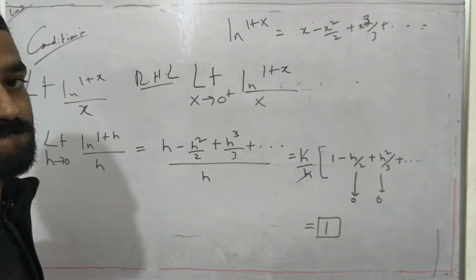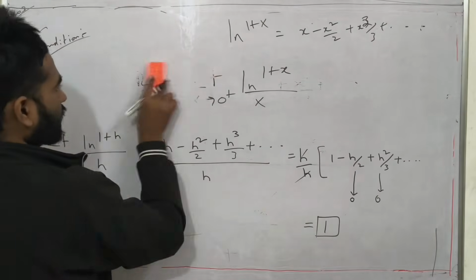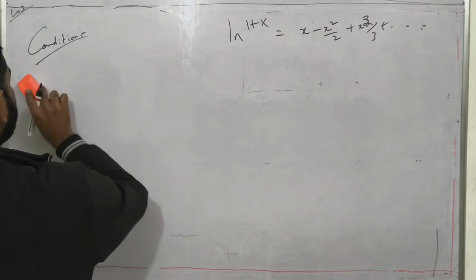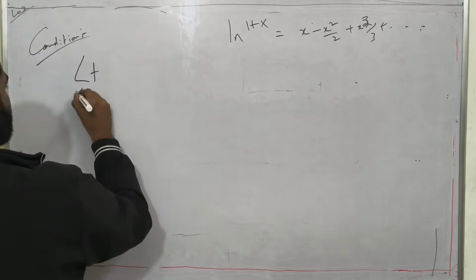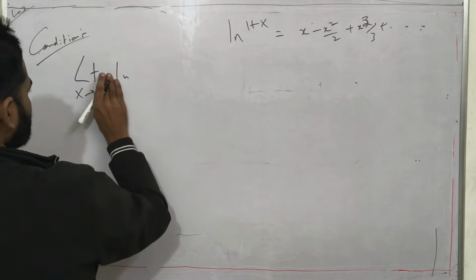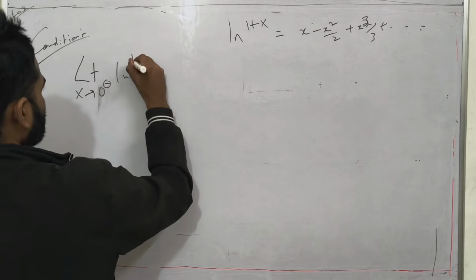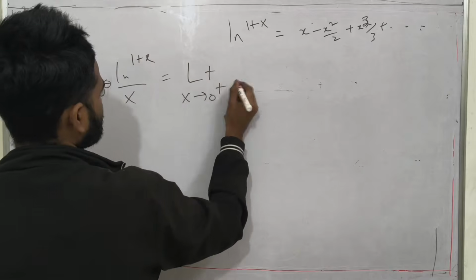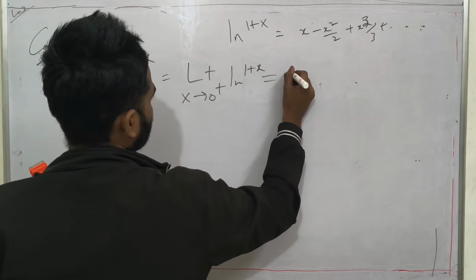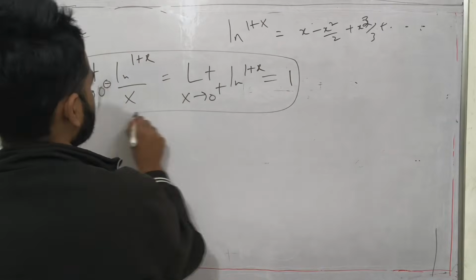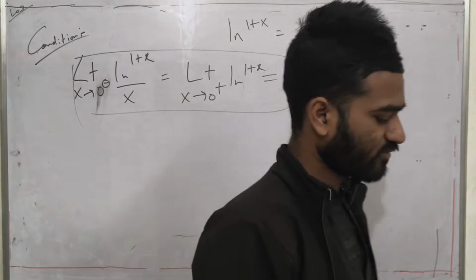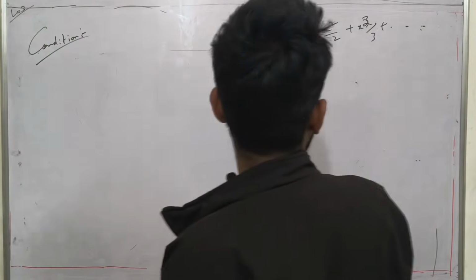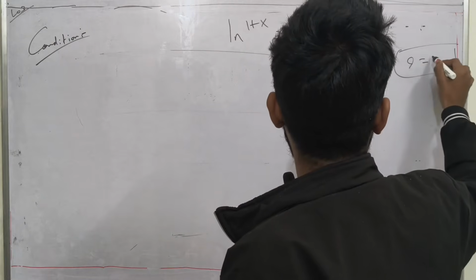Understood? So what we can conclude, children, is that limit x tends to 0 minus of ln of 1 plus x by x equals limit x tends to 0 plus of ln of 1 plus x by x equals 1. Okay, so this is our limiting value, so we can say the limit exists. Let's note here L equals 1.